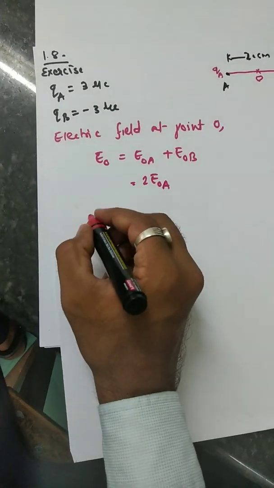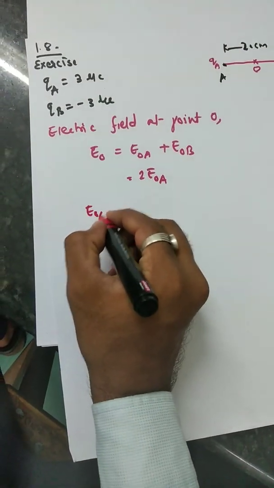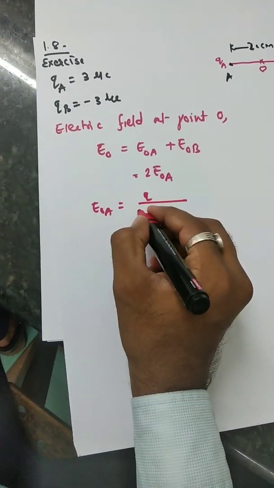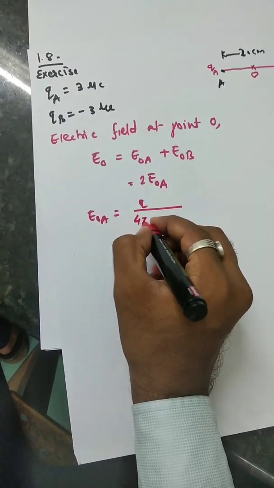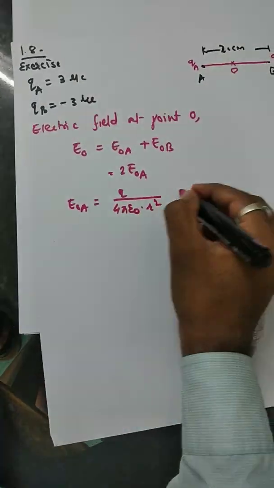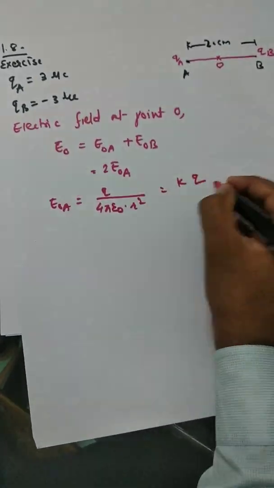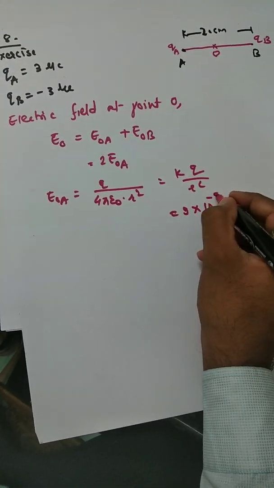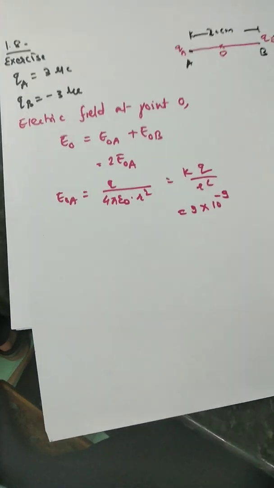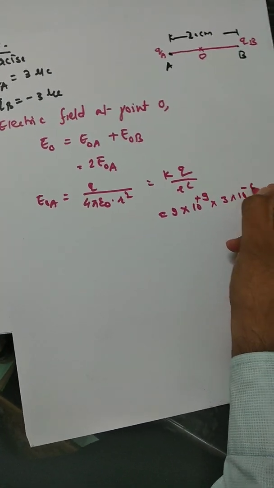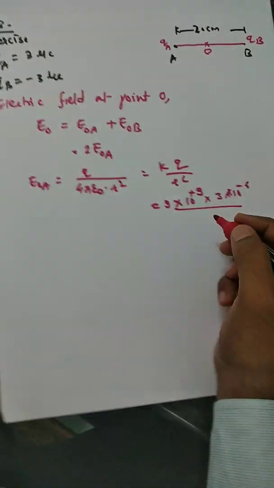So let's start finding the value of electric field of OA. As per the equation, the electric field is Q upon 4 pi epsilon 0 into R square, or we can write it as KQ upon R square. As we know, K is 9 into 10 raised to 9, the charge is 3 microcoulomb, so 3 into 10 raised to minus 6 upon R square.